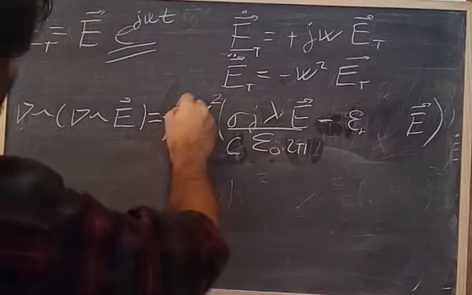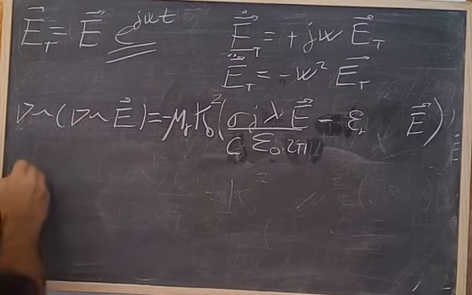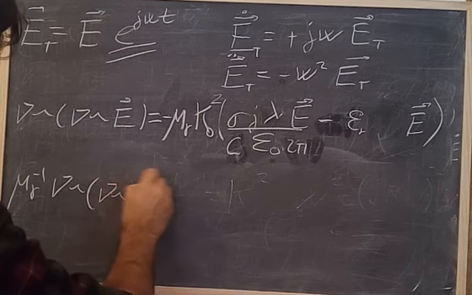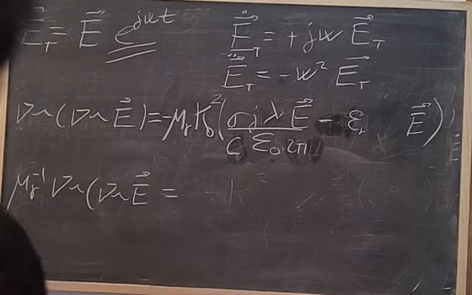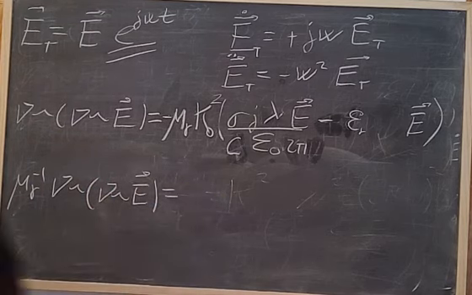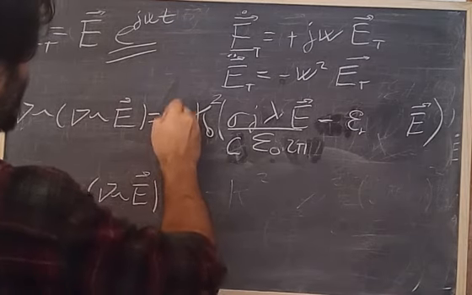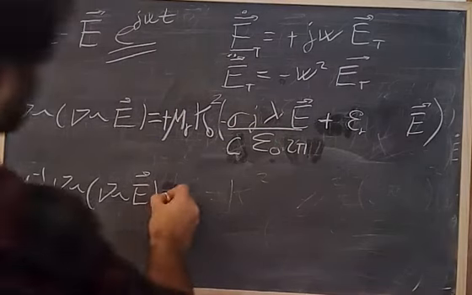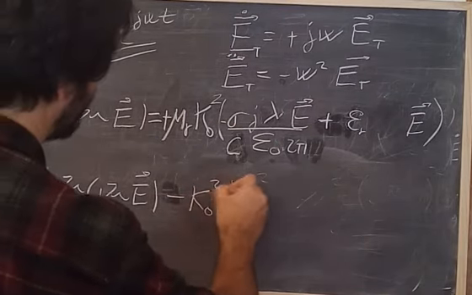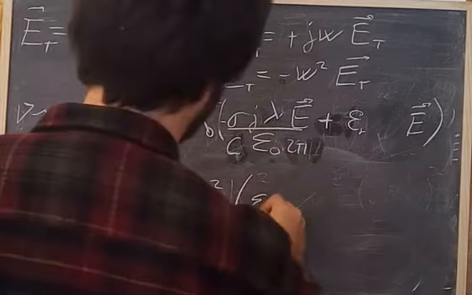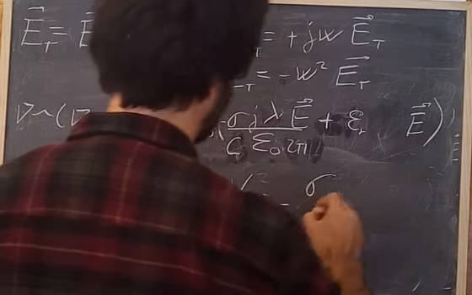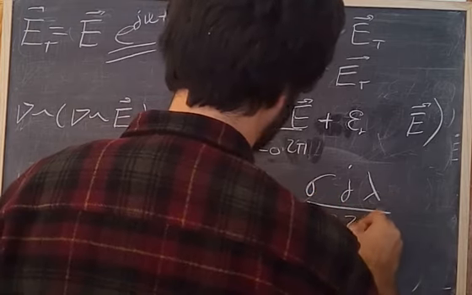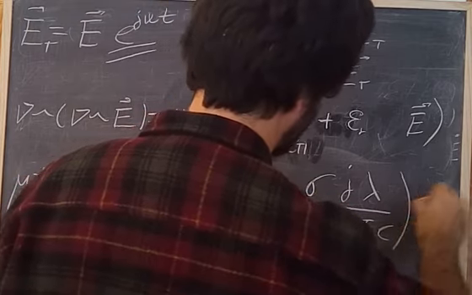I can move this to here and write, move this on the other side, plus minus k squared, epsilon r minus sigma g lambda epsilon 0 times the electric field.